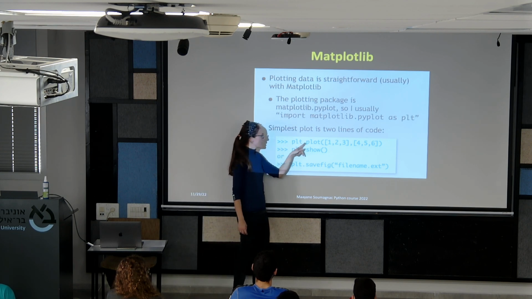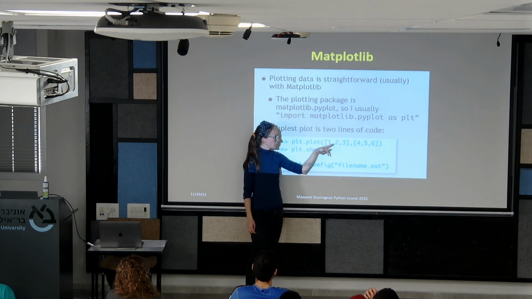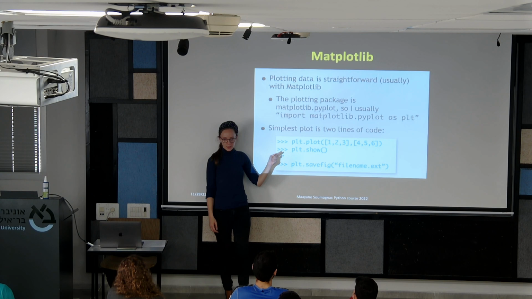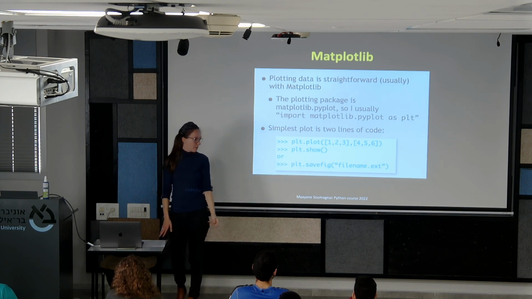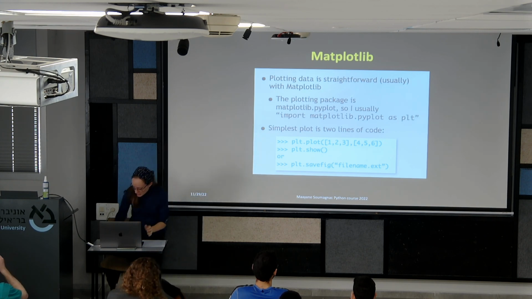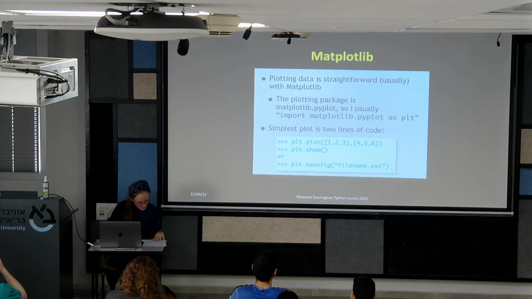So this is doing the plot of 1, 2, 3 against 4, 5, 6, and then you can either show it, or you can save it to a file. But doing the plot is 1 line. I'll show you an example in a minute.